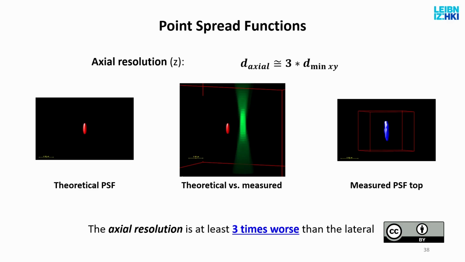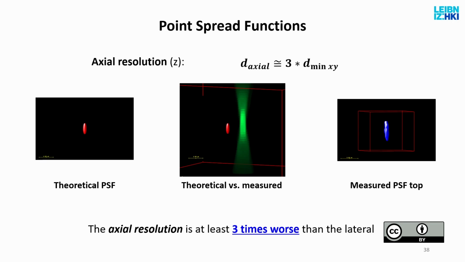That is your measured point spread. If you compare the theoretical one with the measured one, very often you will see a big size difference because of the properties of the sample that affect the microscope image formation. And then your deconvolution, your compensating for it, will be much more efficient with the measured one than with the theoretical.